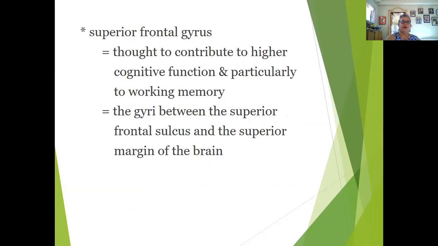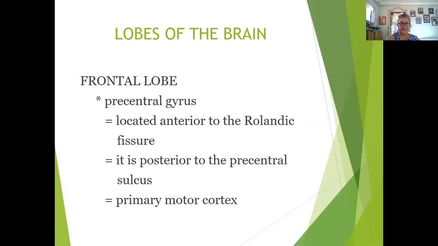Now, the precentral gyrus will be running parallel to the Rolandic fissure.